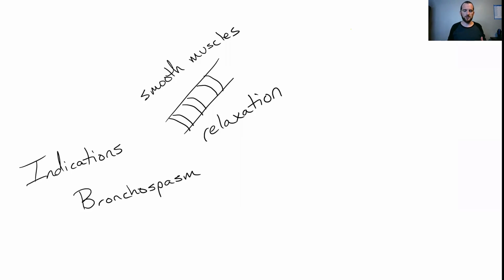Most often the phrase you hear is bronchospasm, which references the bronchial smooth muscles spasming or constricting, so that we can give albuterol to bind to those beta-2 receptors to cause bronchial smooth muscle relaxation to open them back up. So bronchospasm, bronchoconstriction, or really the classic asthma exacerbation.